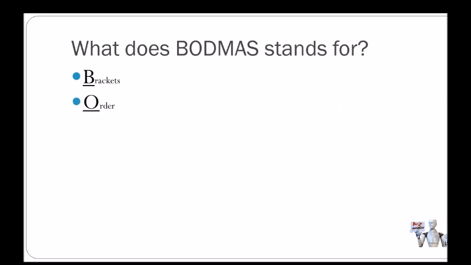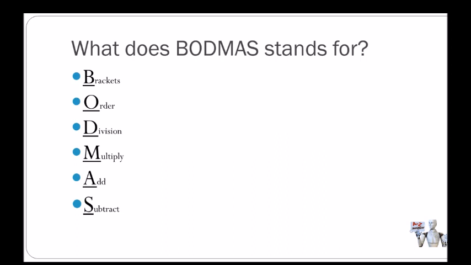After that, you then follow the orders, such as square roots, things like that, or where you've got the powers. So you need to follow that order. Then after that, you give the preference to division. After division, you give preference to multiplication, then addition, and then subtraction. So you need to make sure that when you're writing your code in Python, you take care of this.